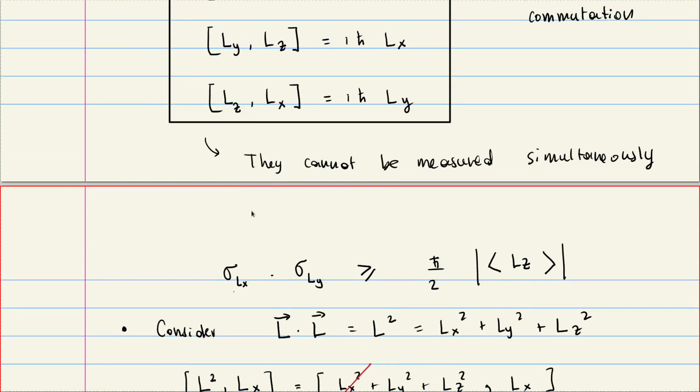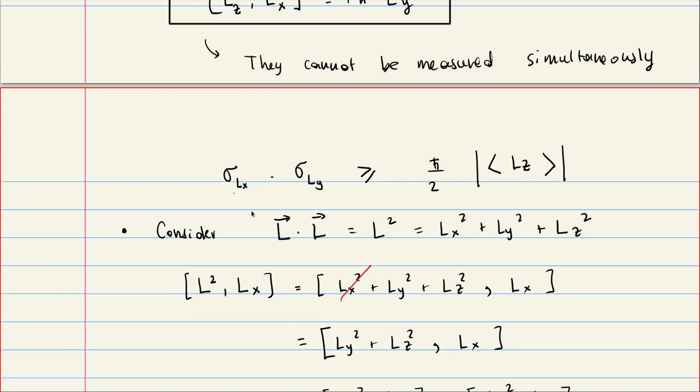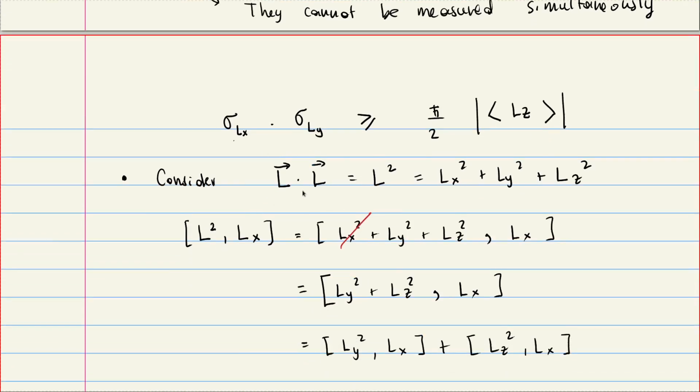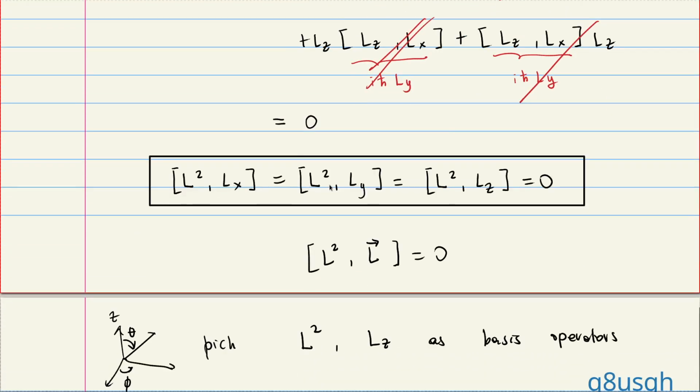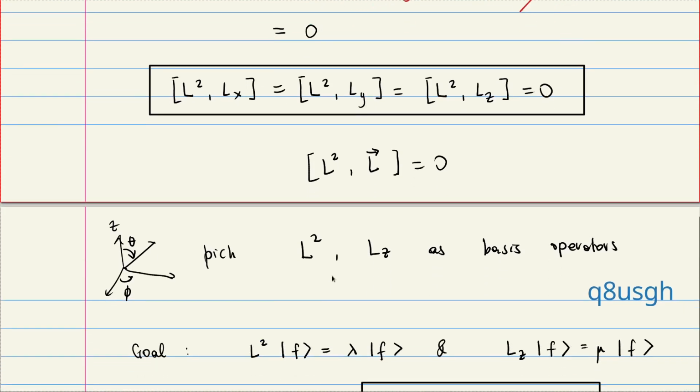So Lx, Ly, Lz do not commute with each other, but there's a third operator we can try, which is L squared. And we showed L squared actually commutes with Lx, Ly, and Lz. Therefore, we said we can choose L squared and Lz to be a commuting set of observables, and try to express everything in their basis.